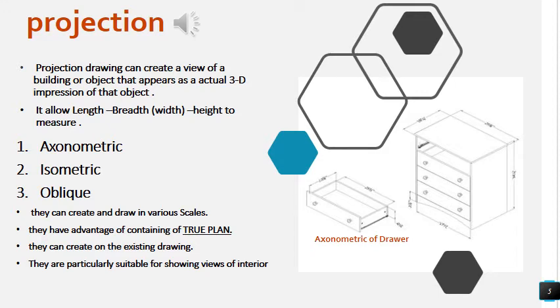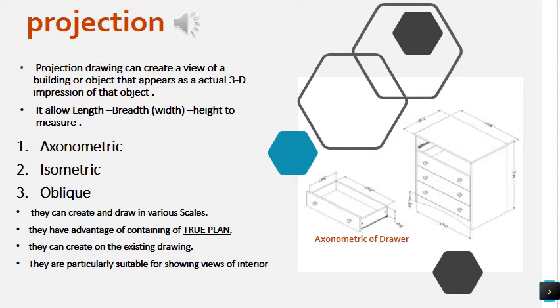The second point is that they have the advantage of containing a true plan. The true plan means we draw a complete plan of the object, and in the next step the axono, iso, or oblique can be created on that plan.